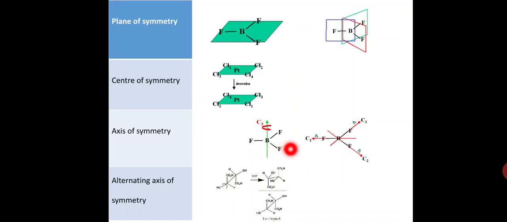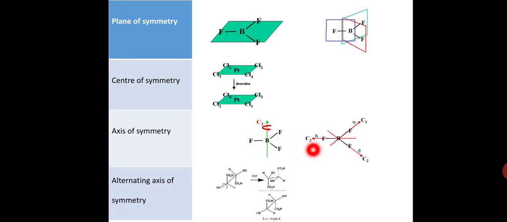And for axis of symmetry, in the case of BF3 itself, we can see the axis of symmetry. If BF3 is rotated about 120 degrees like this, you will get another same structure, and you can again rotate it 120 degrees to get another same structure. So this has an axis of symmetry, and another axis of symmetry is also there.